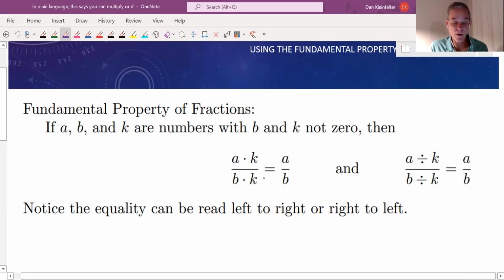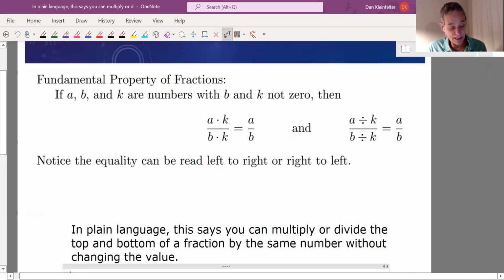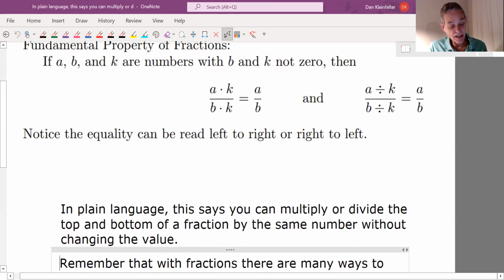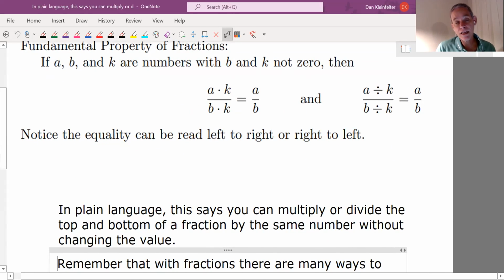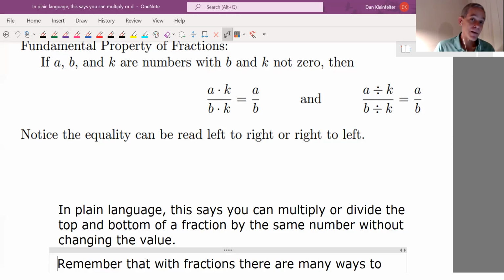In plain English, you can multiply or divide the numerator and denominator of a fraction by a non-zero number without changing the value.